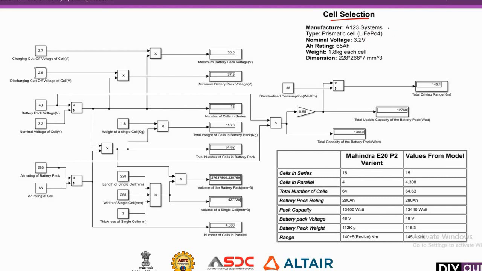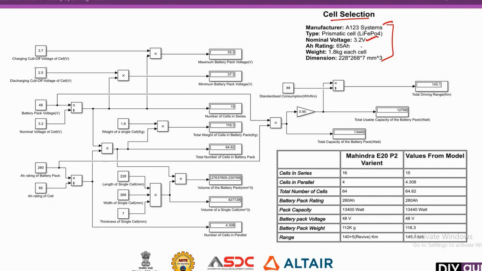specification of a single cell. Here we have a manufacturer. We are considering the type of cell as a prismatic cell, which is lithium ferrophosphate, LiFePO4. The nominal or operating voltage is given as 3.2 volt.